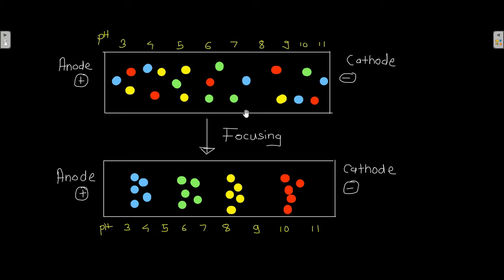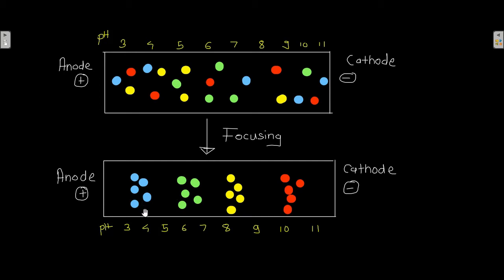And this is how your two-dimensional gel electrophoresis looks. There is your anode, there is your cathode, and this is the pH at the different parts of this surface. Before focusing, the protein molecules are distributed like this, and after focusing, the protein molecules are distributed according to their isoelectric points.